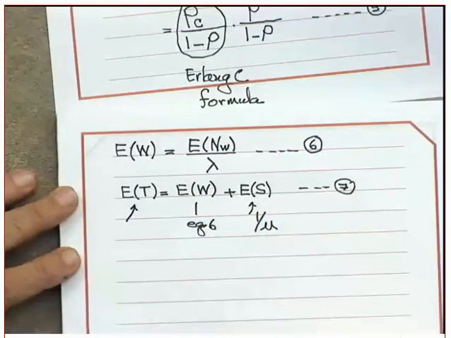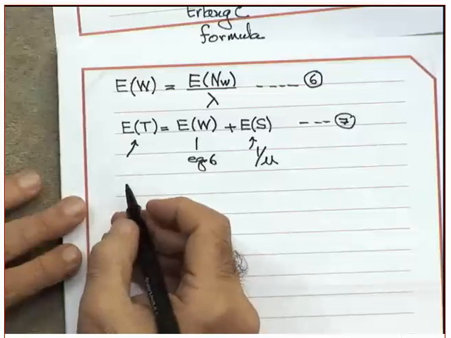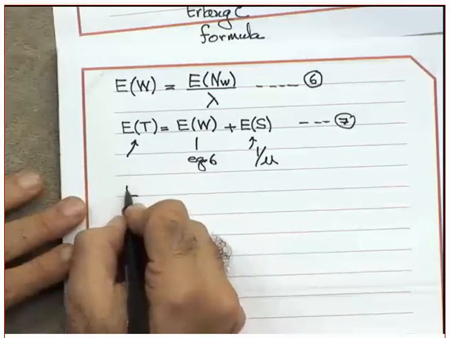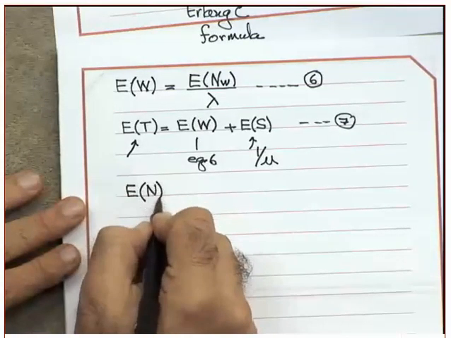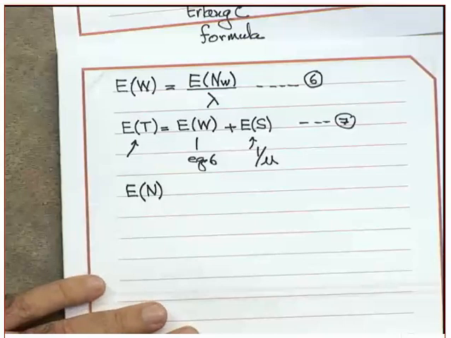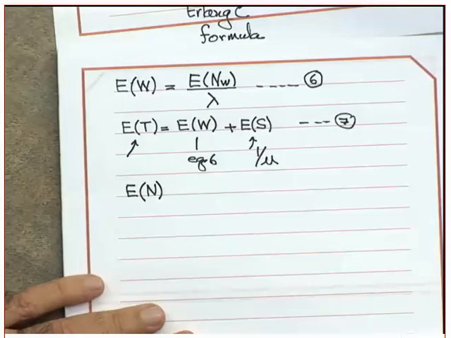Yes or no? And one more. What is the one that's missing? E of N. What is E of N? E of N is the average number of packets in the system.